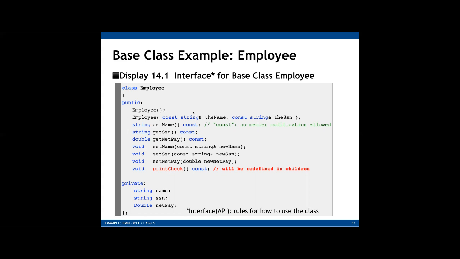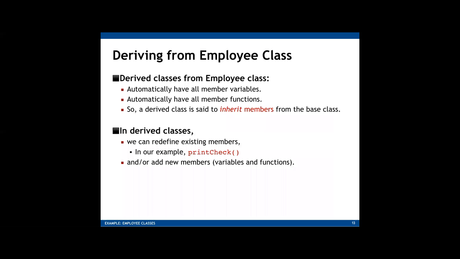So this is a base class. We also say this is a parent class. Now it is time to define a derived class, or we also say child class, which inherits the employee class. I already explained these concepts in previous slides.